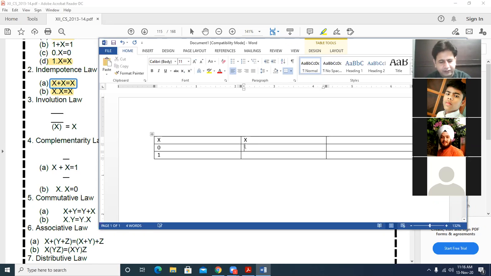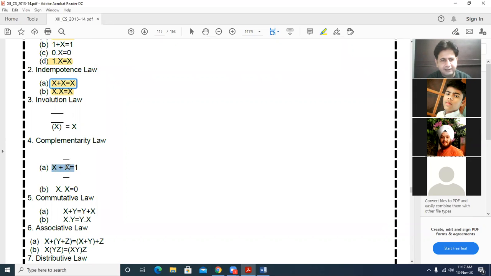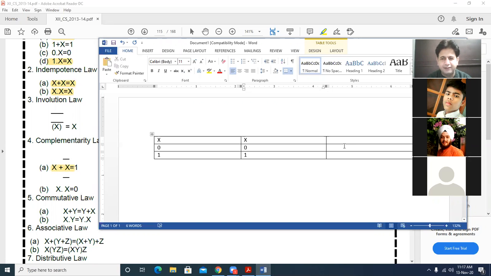We know that the value of x is 0 and 1, and we find here x plus x. Plus means or. So here 0 or 0 is always 0, 1 or 1 is always 1.